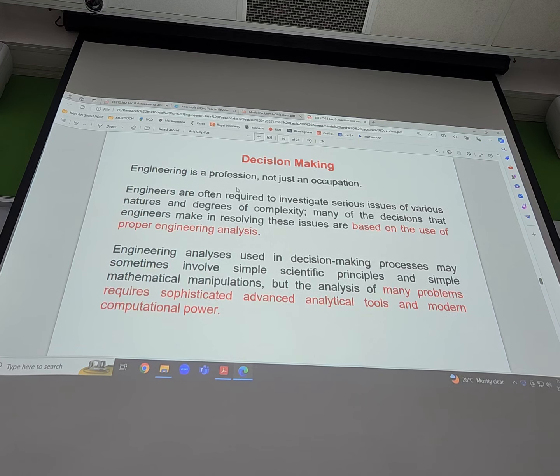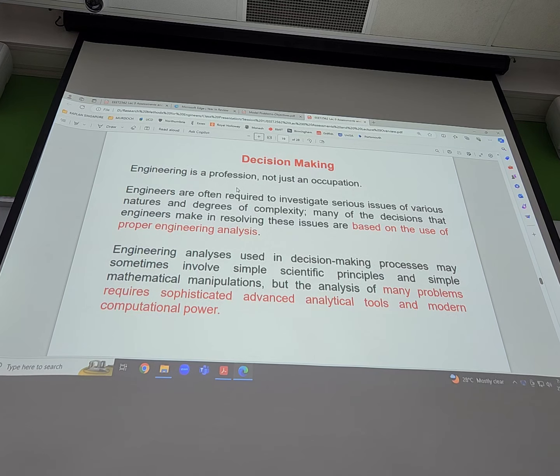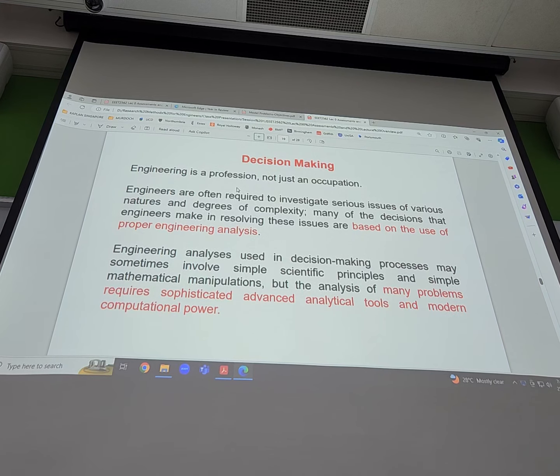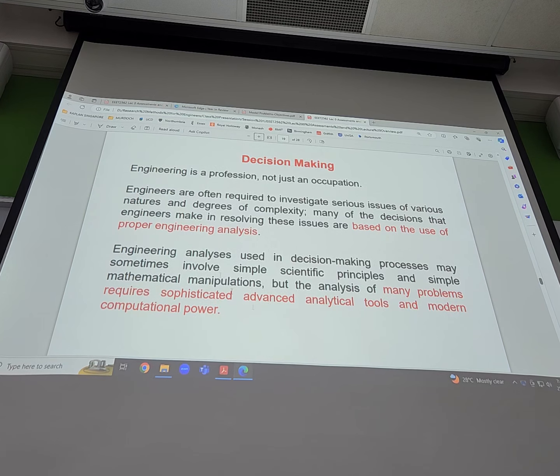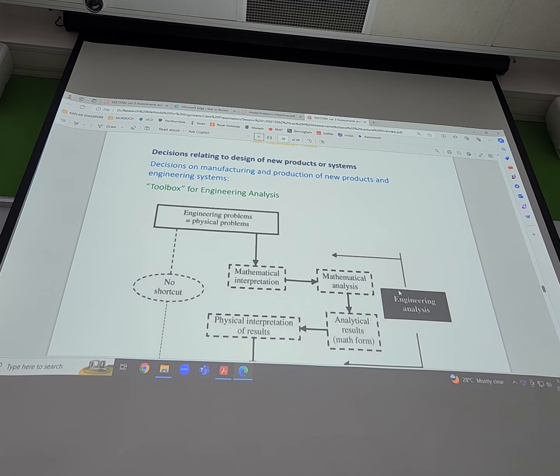These problems require advanced analytical tools and modern computational power, where computational power refers to the simulation techniques available. A bit more advanced than this would be artificial intelligence, but we are not going into AI-related problems.